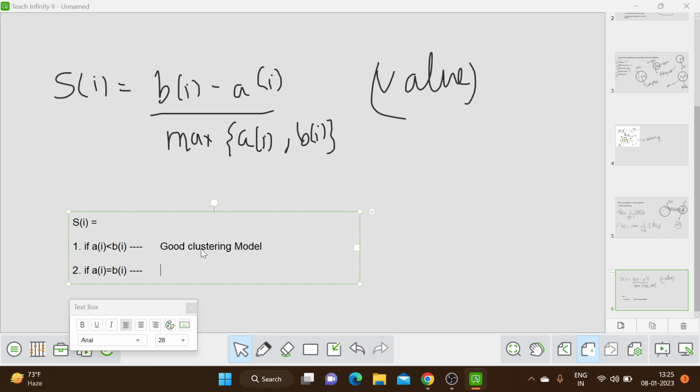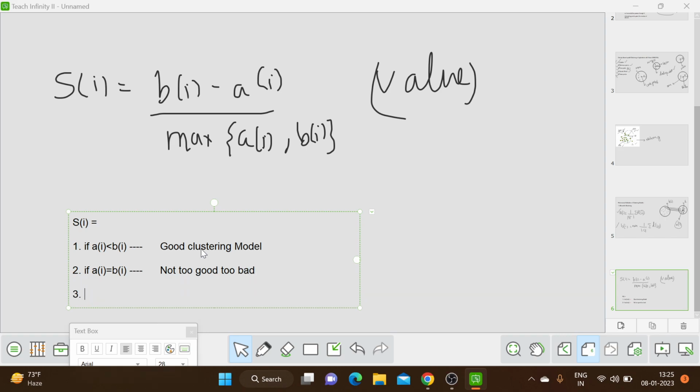Not too good, not too bad. And if A of I is greater than B of I, I can say that the model is a bad clustering model.